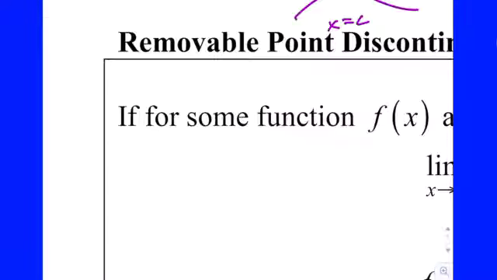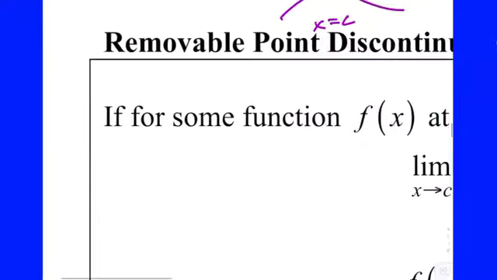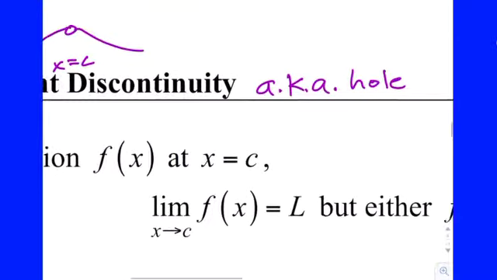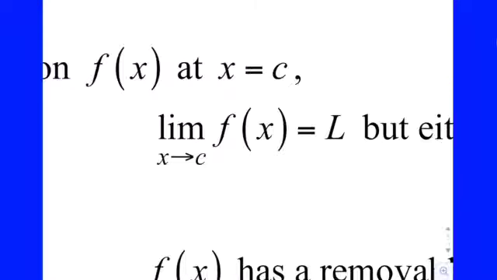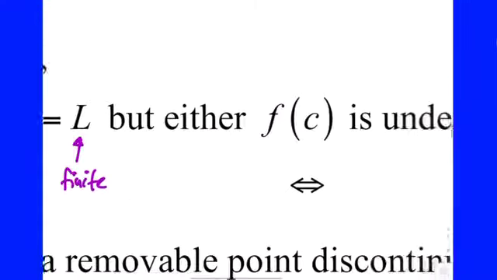All right, so here's the definition. If for some function f at some x value c, the general limit as x goes to c equals L, so again, L is some finite y value, and remember, if the general limit exists, that means the roads are lining up. From the left and right, the two one-sided limits are approaching the same y value. But either one of these two things happens.